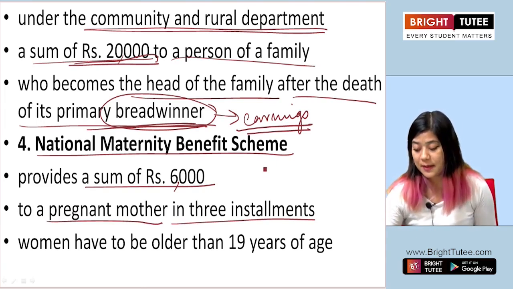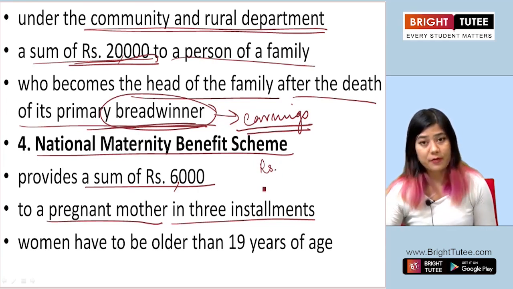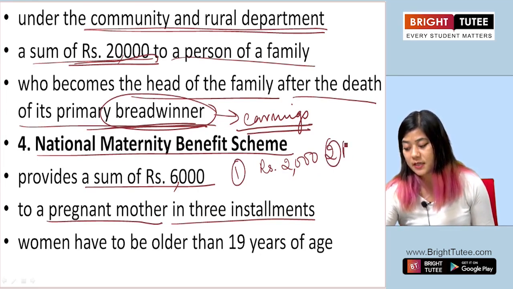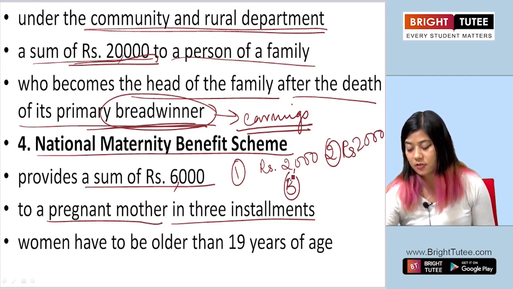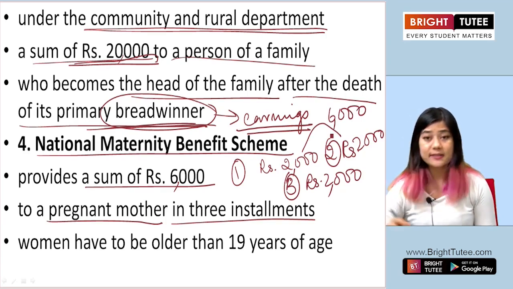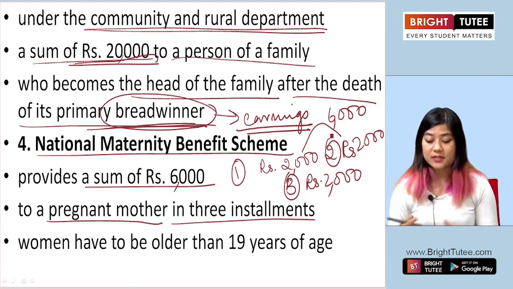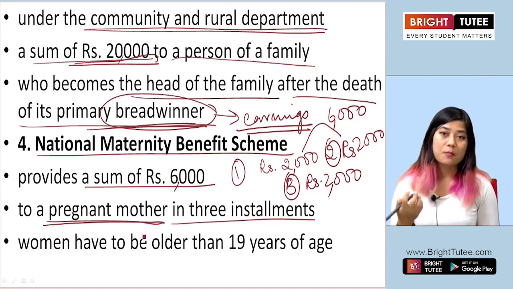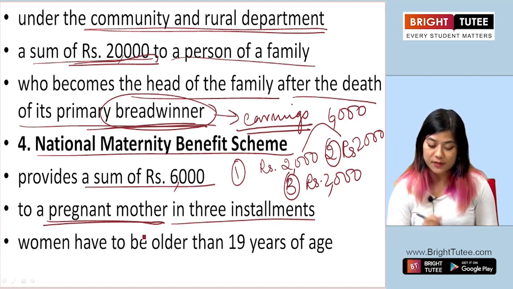So, for example, the first time the pregnant woman is given 2,000 rupees, in the second installment she would receive another 2,000, and in the third installment she would receive the remaining 2,000. So the total is 6,000 rupees, right? So in 3 separate installments, a pregnant lady gets a sum of 6,000 rupees from the government.